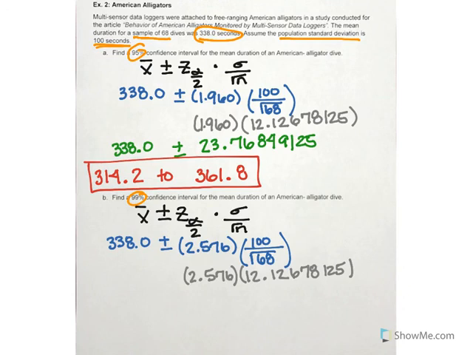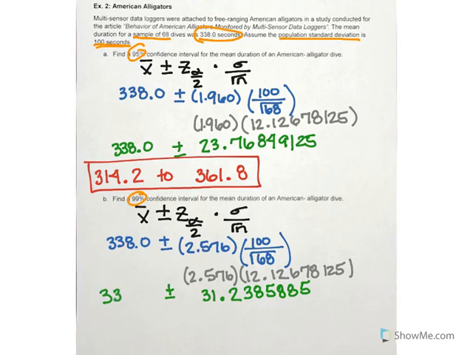And that would give us a margin of error to be 31.23858885. Then we're going to add and subtract from 338.